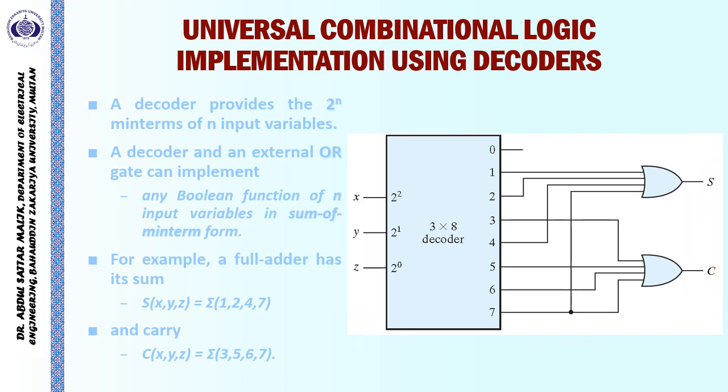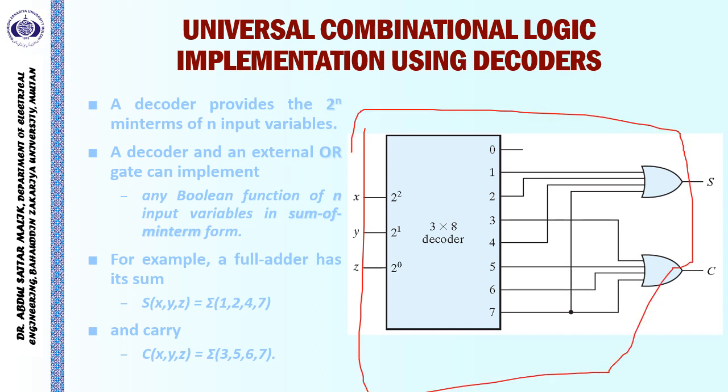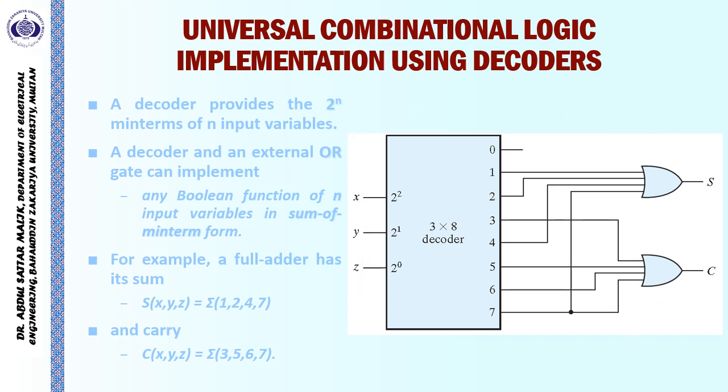So in general, if we want to implement any Boolean function, we need to have an n input line decoder, and depending upon the minterm combination of that particular function, we have to simply put all those relevant minterms into an OR gate, and the output will be the implementation of that particular circuit, the way we have done it in case of a full adder circuitry.